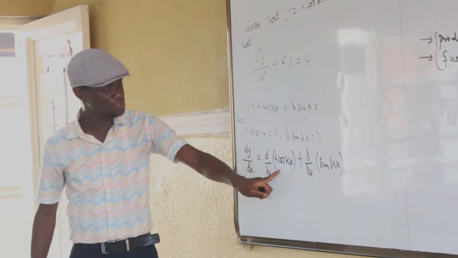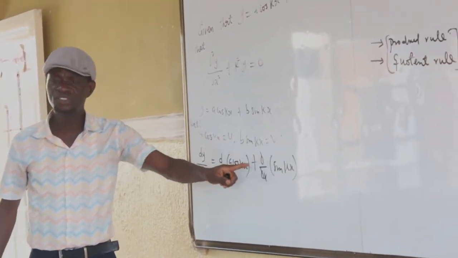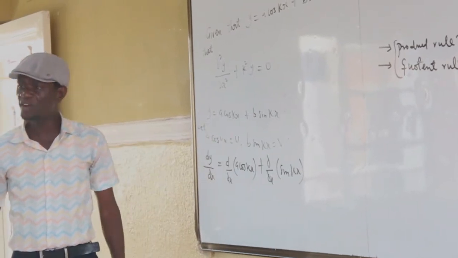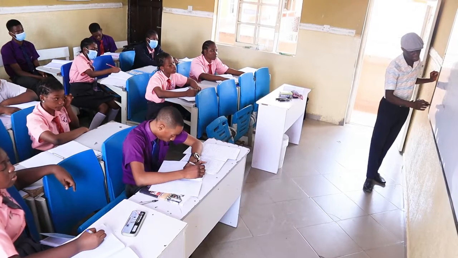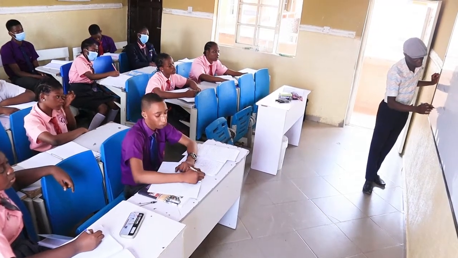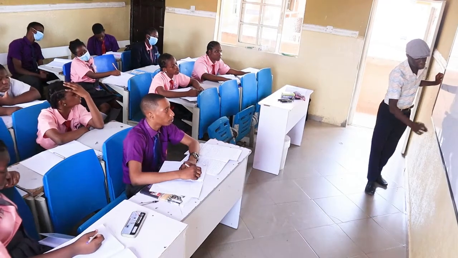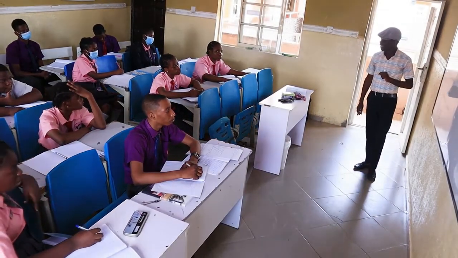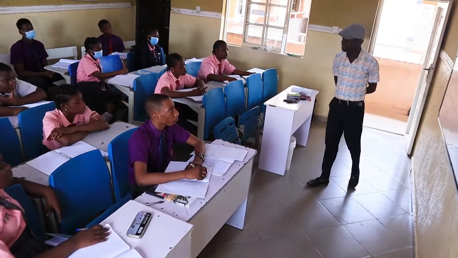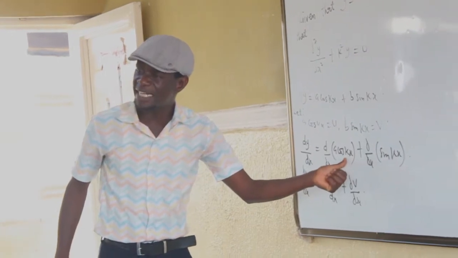So if you are writing the u and the v, what will it be? dy/dx now becomes du/dx plus dv/dx. Any challenge about that? What this is telling us is that you are differentiating this with respect to x.